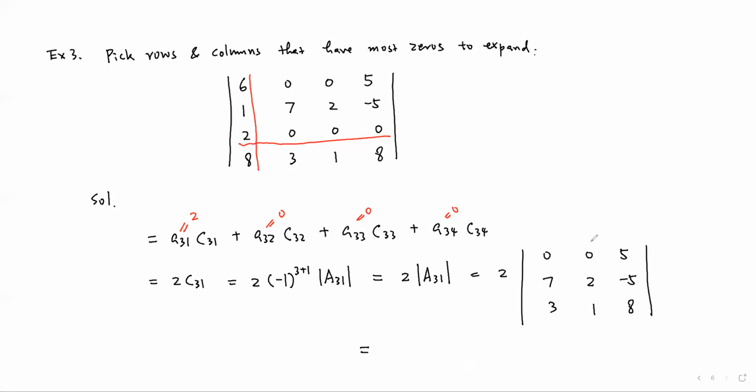In this 3 by 3 determinant, I can see that the first row contains most zeros. So I expand this determinant across the first row.